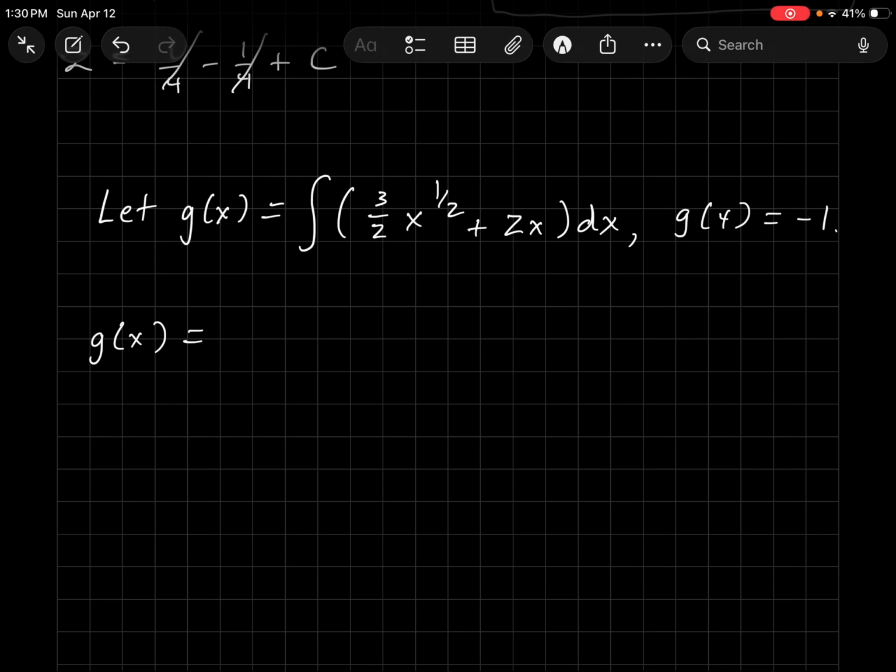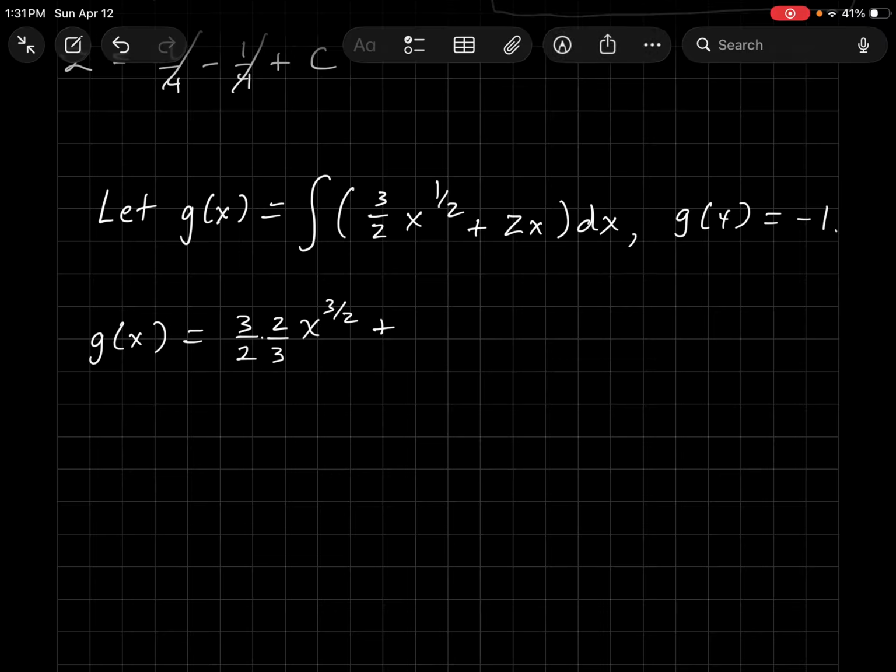We will find some antiderivatives. Constant rule says we can ignore the 3/2 for now. I'll leave a little space. And then we can integrate x to the 1/2. We'll add 1 to the power, x to the 3/2, and divide by 3/2. But instead of dividing by 3/2, let's multiply by the reciprocal, 2/3.